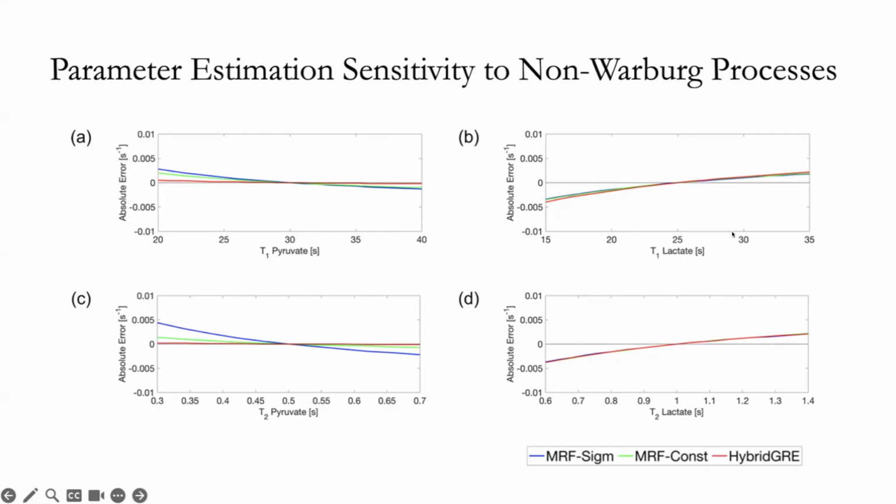And that intuitively makes sense because for all three of these approaches, they are using a SSFP-based approach of the lactate. So you would expect a similar error tolerance or susceptibility based on errors in T1 or T2 of lactate. Whereas with the sigmoid-based variable flip angle approach, we would probably expect to be most susceptible to errors in T1 or T2 of pyruvate.